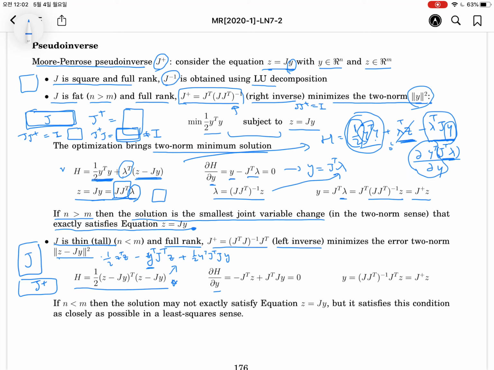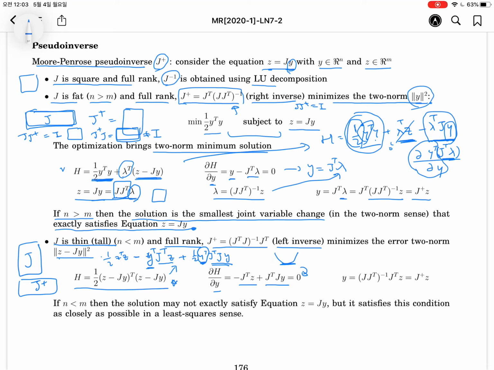Okay, let's take the differentiation with respect to y. So the first term will be minus J transpose z. The second term will be differentiated. The remaining one will be this one. This term will appear 2 times, so the 1/2 cancels out. So we have this one.